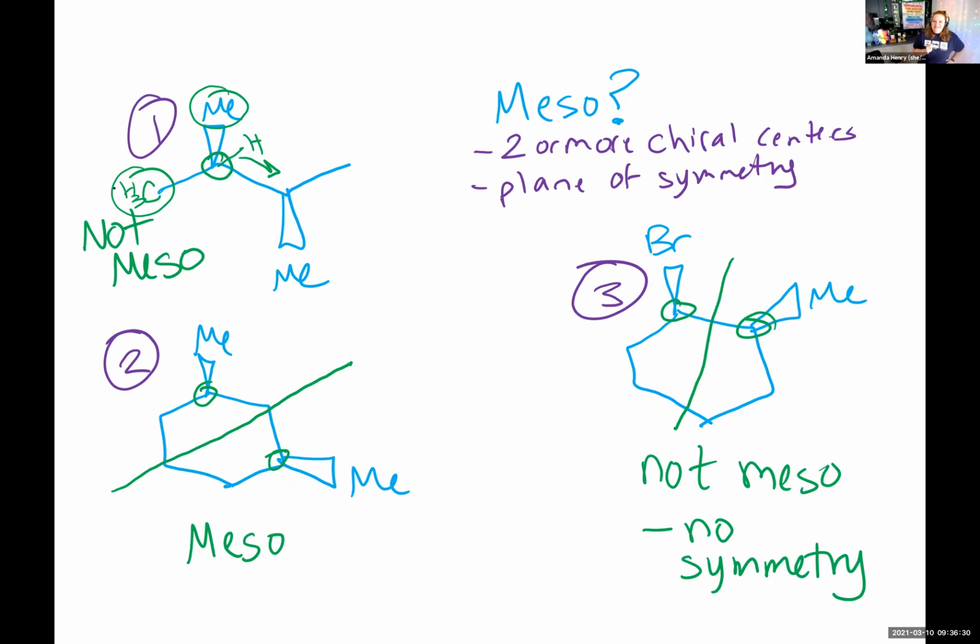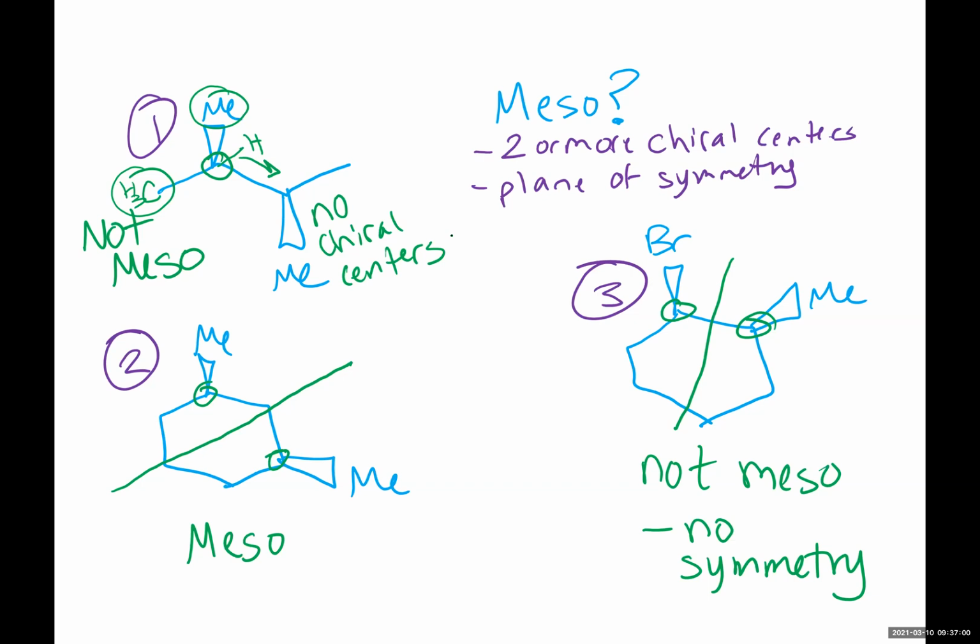It doesn't have 4 unique groups because 2 of the groups attached to it are the exact same. They're both methyls. So this has no chiral centers. Just because it has dashes and wedges doesn't mean it has chiral centers, and vice versa. Just because something is drawn without dashes and wedges doesn't mean that it has no chiral centers. Those are just a way to show a 3D shape of a molecule.